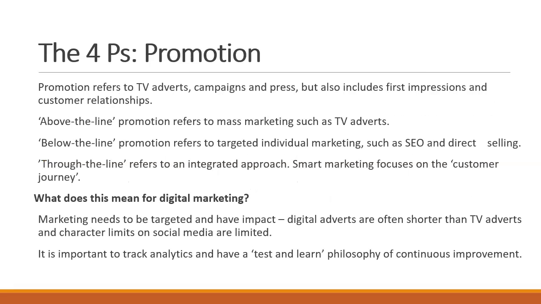Promotion are our ads. So we have above the line promotion, which is mass marketing. This means that every single person sees the exact same ad. We put out a TV commercial or a video or something on Instagram or Facebook, and it shows to everyone, regardless of who they are.